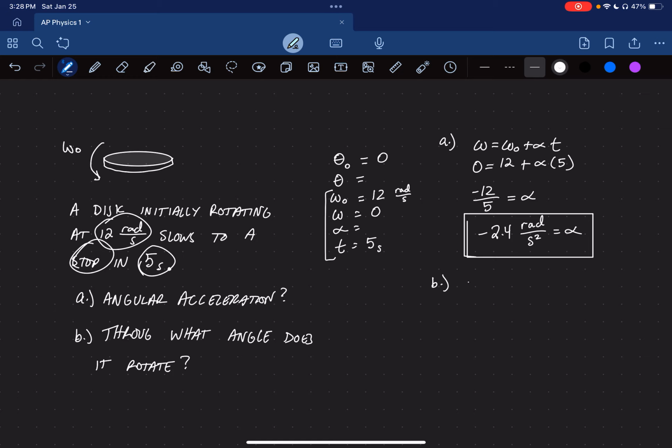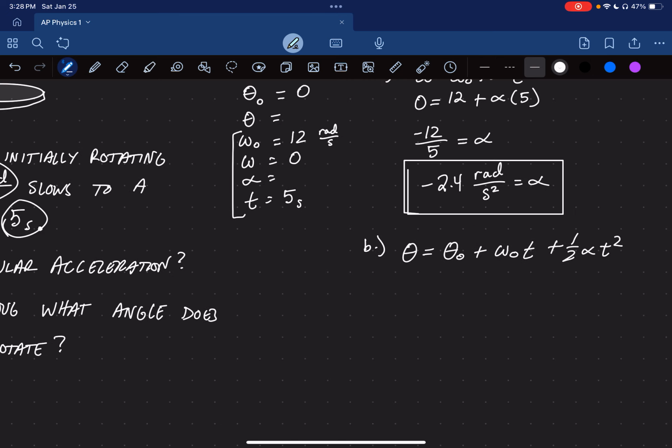Through what angle does it rotate? Well, of course, we're trying to solve for theta. Use any equation you want. I'm going to use this one. That's 0. That is not 0.